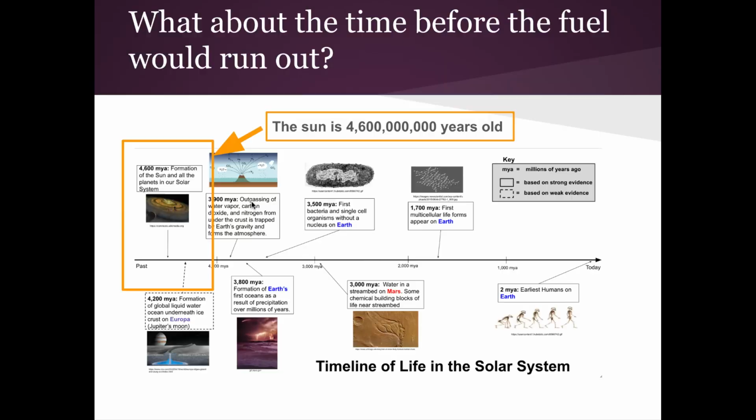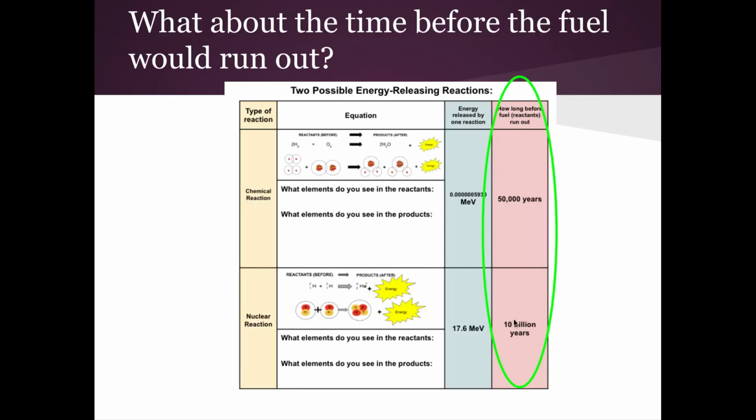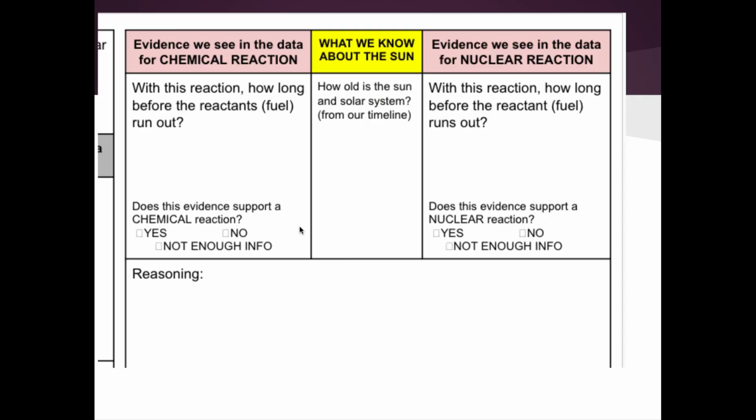Then you're going to need to take a moment to look at this data you have on the front of your packet to write down how long this fuel of a chemical reaction would last for the sun to give that right amount of energy. How many years? And then what about the nuclear reaction? Take a moment and think about, do you think either piece of evidence supports being the thing that is making energy inside the sun?